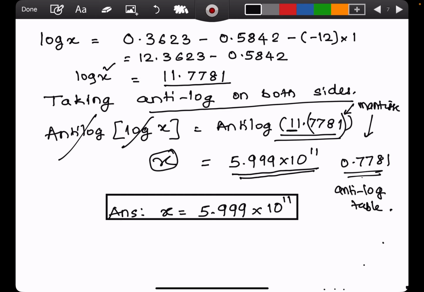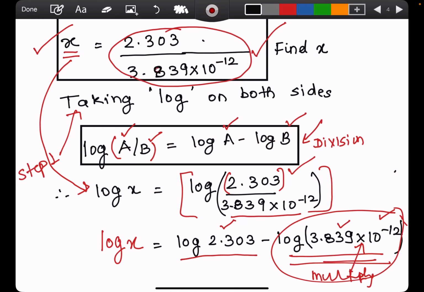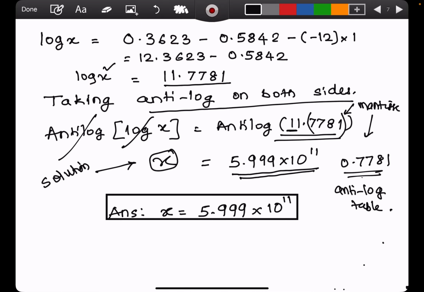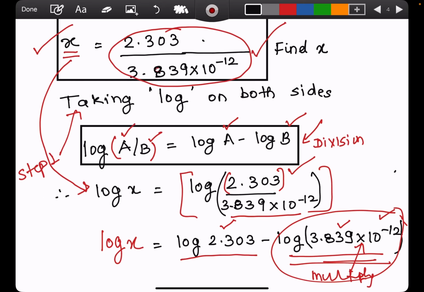But what is x? X is the solution of the division. Which division were we solving? We were solving a complicated problem like this: x is equal to 2.303 upon 3.839 into 10 raised to minus 12, and by using the log table we got the answer as 5.999 into 10 raised to 11.